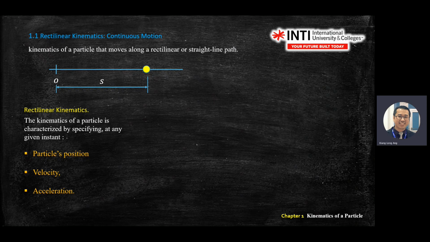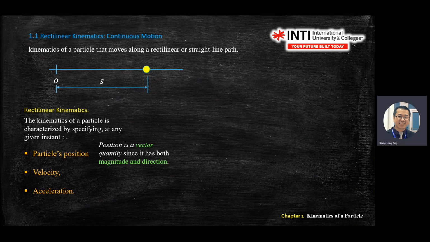So in your answers for test 1, test 2, and the final exam, don't use other alphabets unless you define them in your answer. Let's say you don't want to use S. You want to use another letter, maybe H or Q or P. Make sure you write what that letter means. If not, I will put a question mark: this is not in my slides, I do not understand what you're writing.